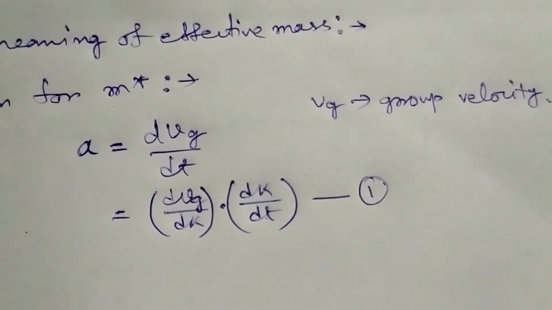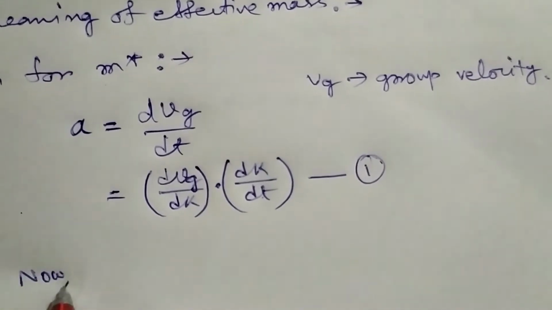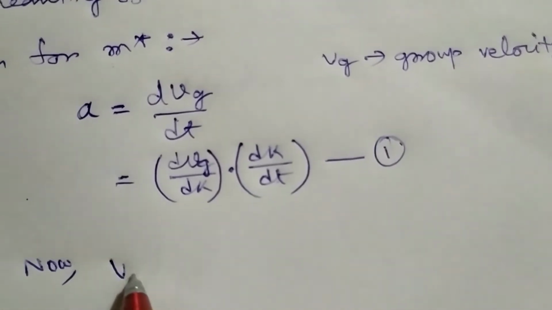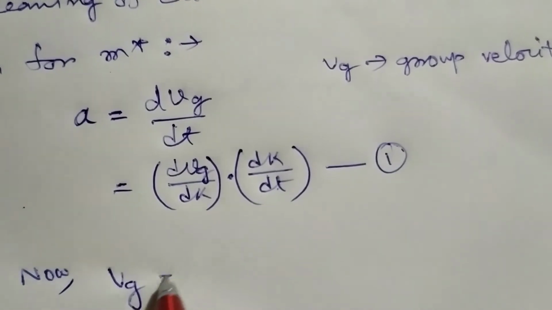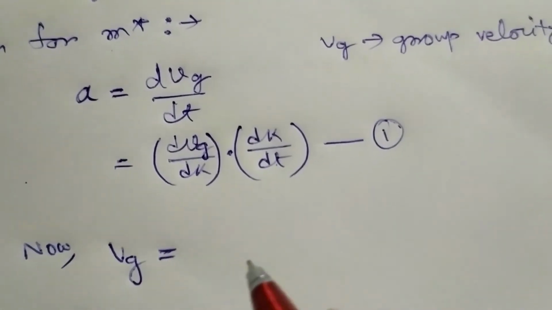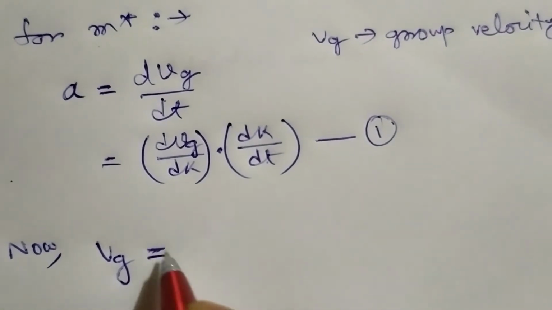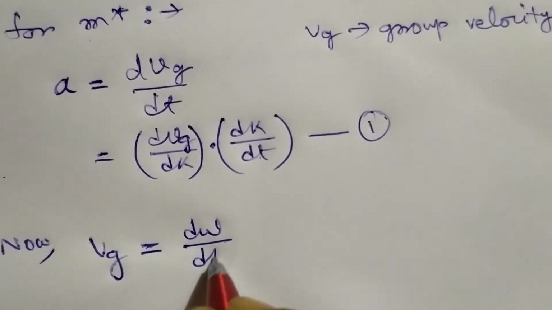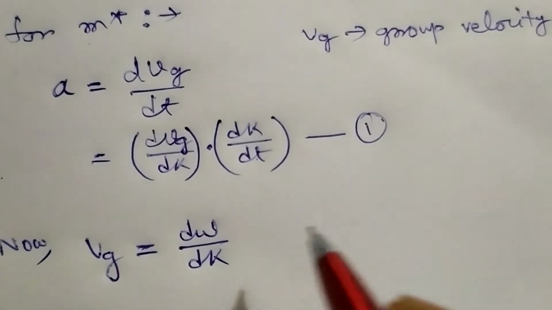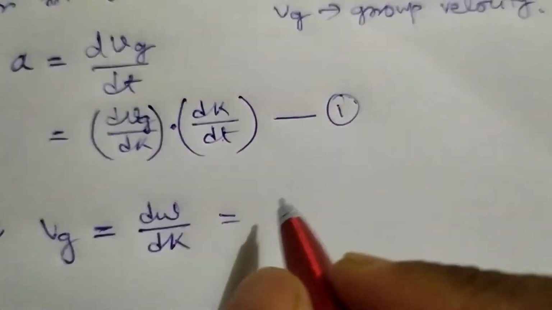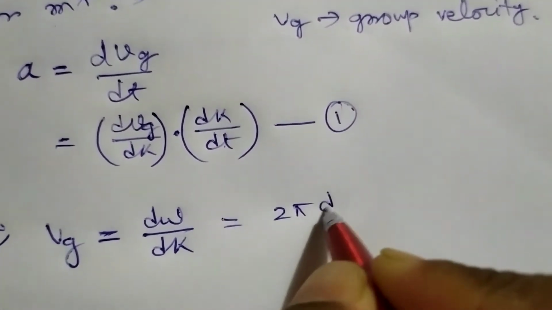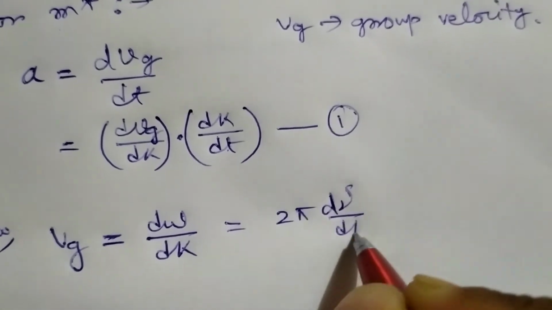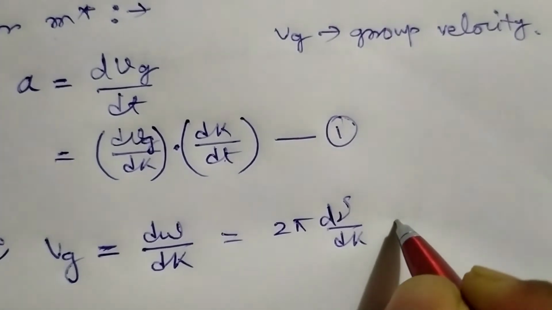Now, what is Vg? That is the group velocity. According to de Broglie, this group velocity is equal to d omega/dk, and we know omega is 2 pi nu, so you can write this as 2 pi d nu/dk.